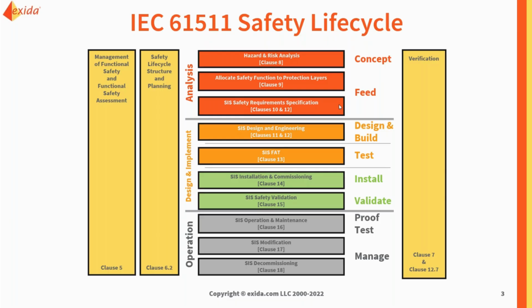Then we go into the design and implementation, where we implement the SRS we created in the analysis phase, and of course do all the verification and validation. Finally, we go into installation and commissioning, do our final checks, and hand it over to operations, and it goes into operation and maintenance. And it's a cycle, it's not a once and done.